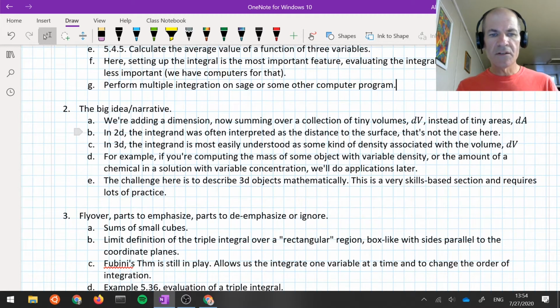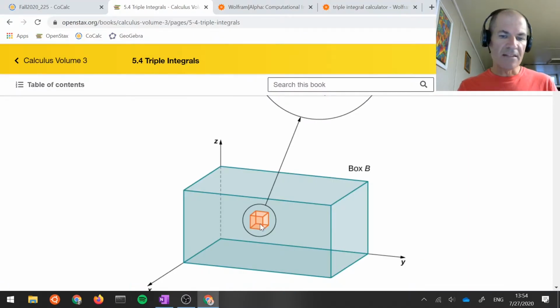Now the idea is that the integrand is maybe the density of some material that this little cube occupies, or maybe it can be a velocity flow, as we'll see in later sections. So it's a little bit more abstract, but if you change the integrand to just the constant 1, then integrating over some volume is going to give you the volume.